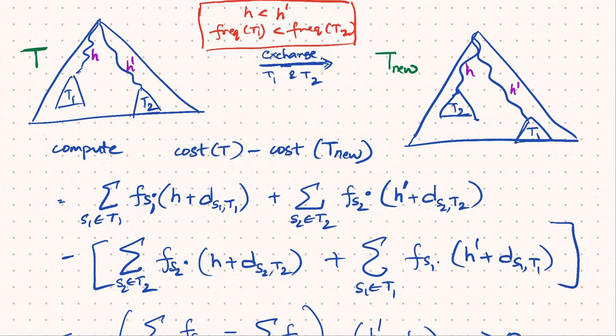I would have reduced the cost and so got a more optimal tree. And I can continue this process. Now I can maybe pick two subtrees in this T new such that this condition holds and do another exchange and further reduce the cost, and so on and on.